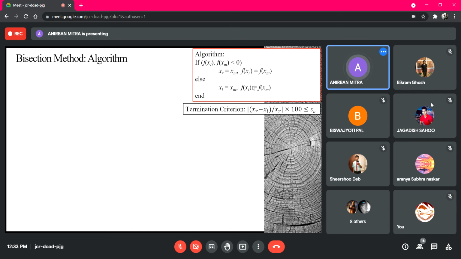That is the condition check. This is the condition we are checking. So if this is equal to 0, then you change XR. That means you reduce XR to XL. If this condition is not satisfied, then you increase XL. Is that clear? Yes, sir.